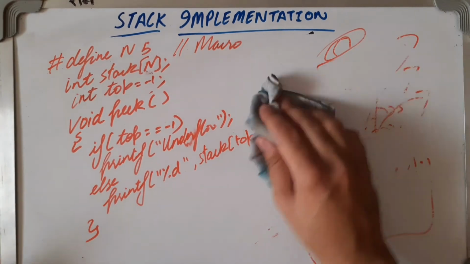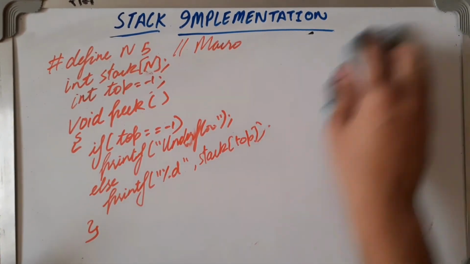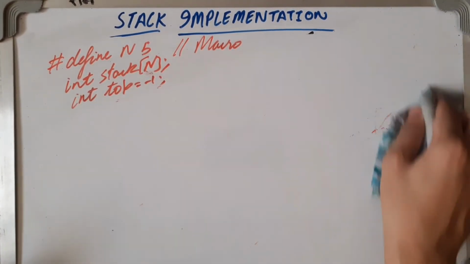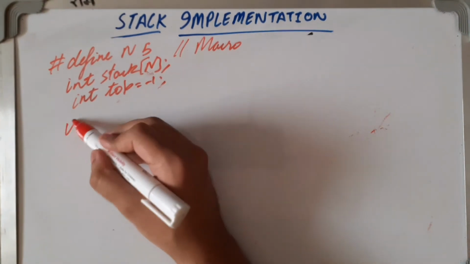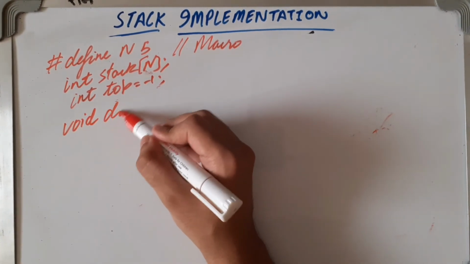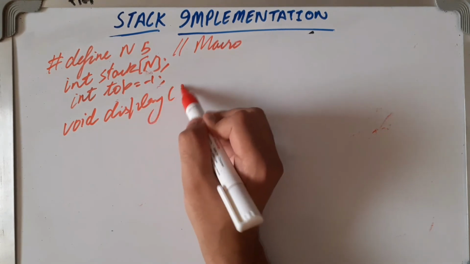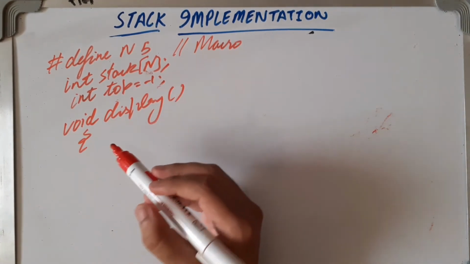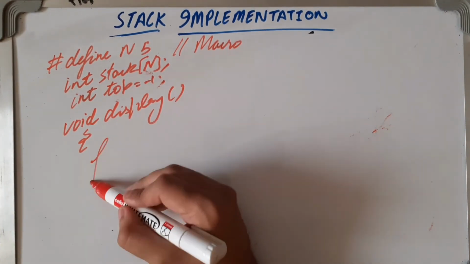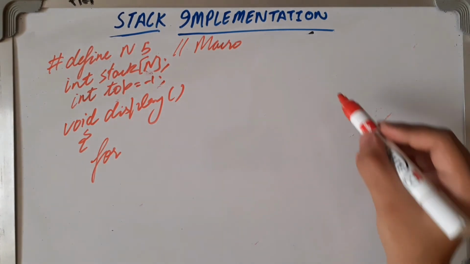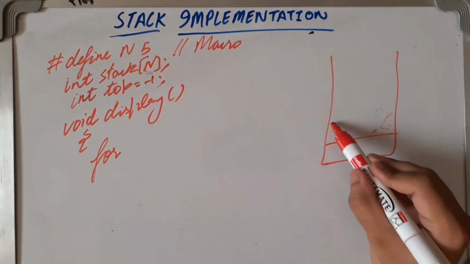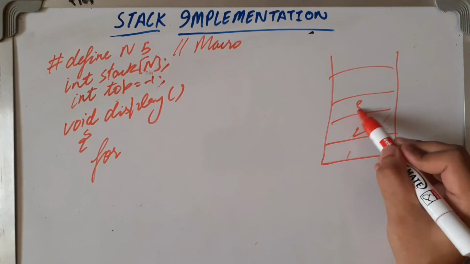Now let me show you how to display the stack also. Void display. Suppose we have a stack of 1 2 3 4 and 5.